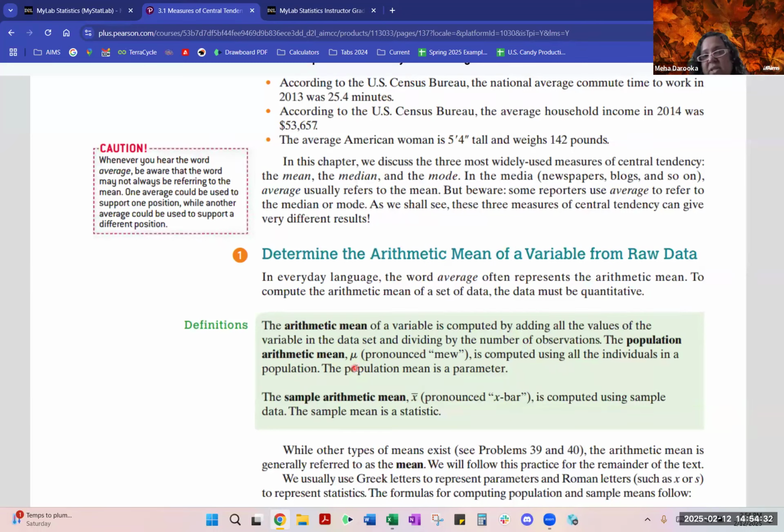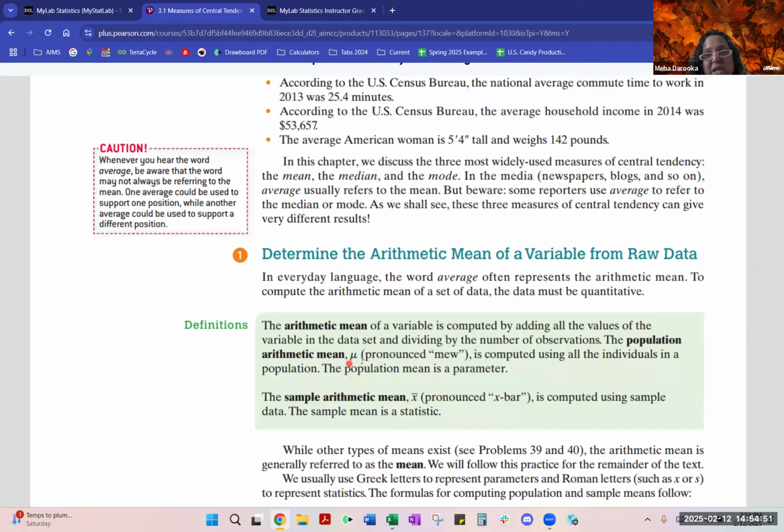For the population arithmetic mean, to differentiate between population and sample, we use Greek letters when we are talking about population calculations, and we use Roman letters like our A, B, and C's for samples.